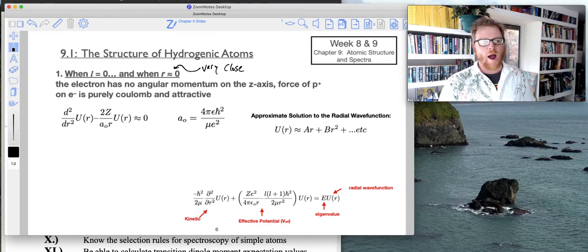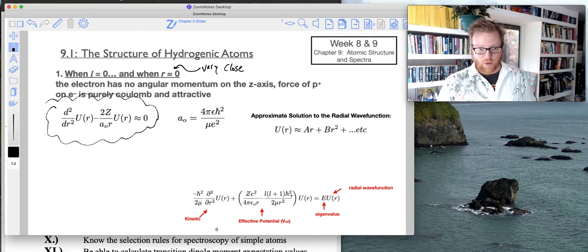So for one, why does it all equal 0? So I want you to compare this equation right here. We're going to compare this to the full equation that I showed you before, okay? Well, we know when L is equal to 0, this whole chunk goes away. So we don't have that to deal with anymore, all right?